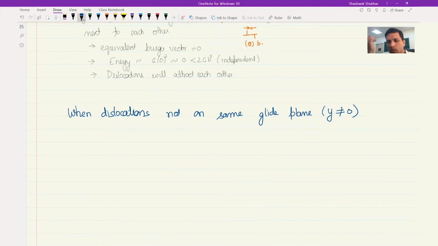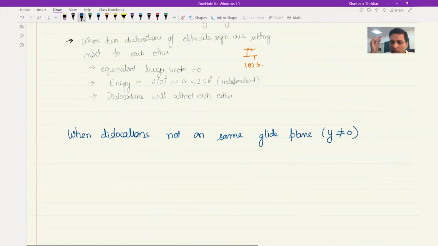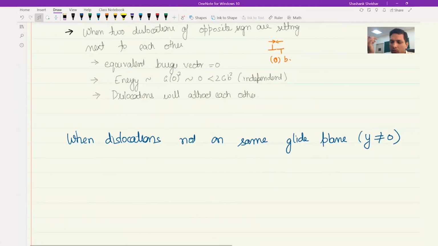Okay, so the earlier case was the simpler case where we said that y is equal to 0. But now let's say y is not equal to 0, then what happens?